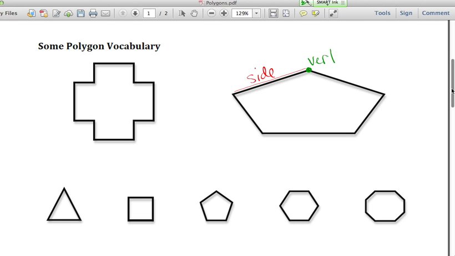We will refer to this as a vertex. Any line segment that connects two vertices but is not a side, like the blue segment that I just drew, connects this vertex here and this vertex over here, although it is not a side of the polygon. We refer to those as diagonals.